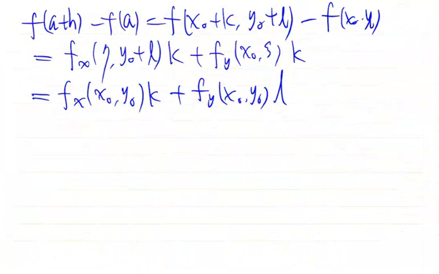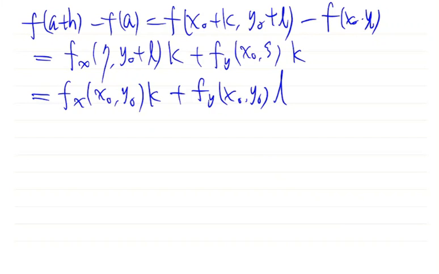So we have obtained this, but this is not an equality, right? Because they are obviously not equal, but we can make it an equality. How to do this?